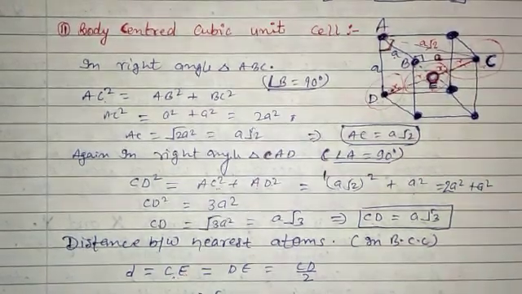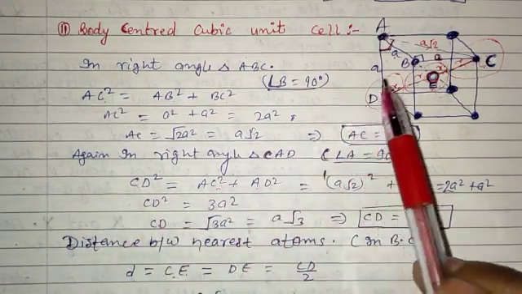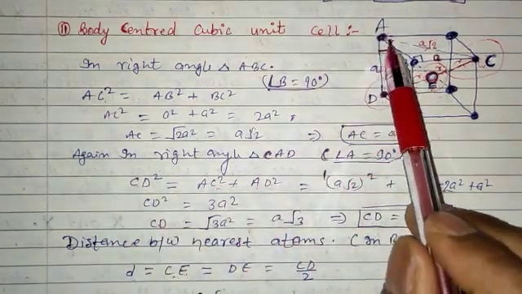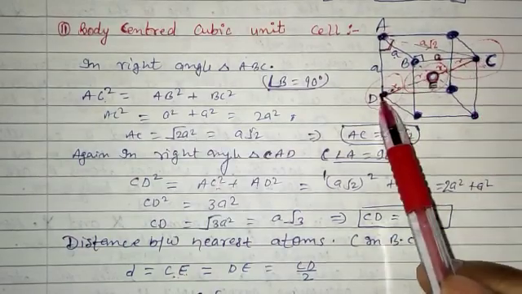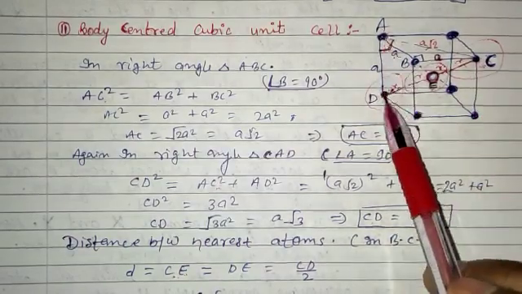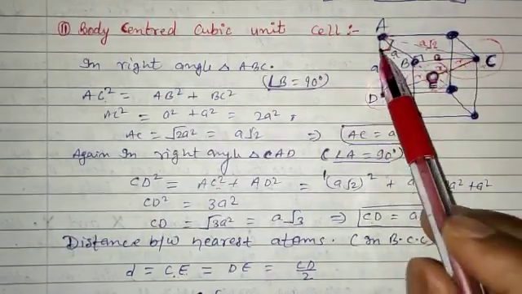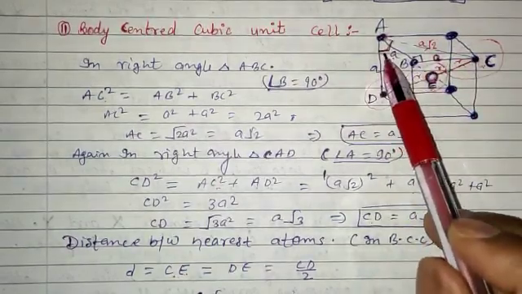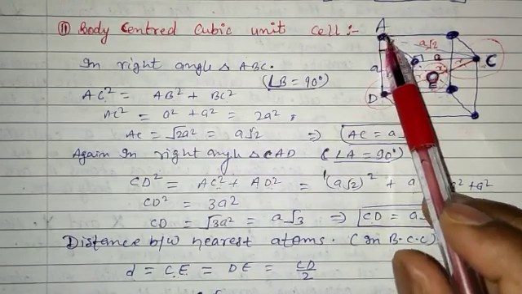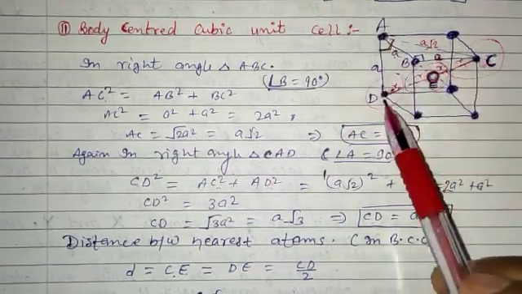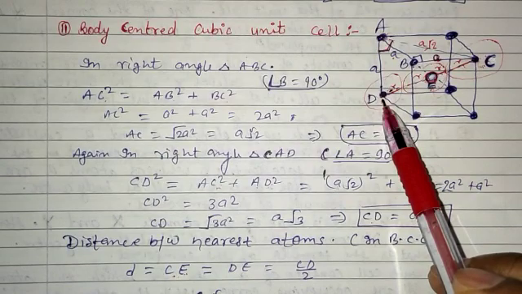Okay, so we will take right angle triangle ACD. In right angle triangle ACD, here angle A is 90 degree, means AC and AD are perpendicular to each other.